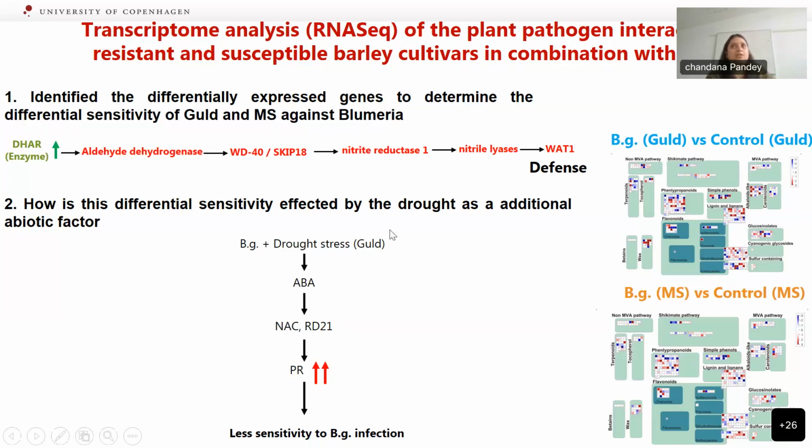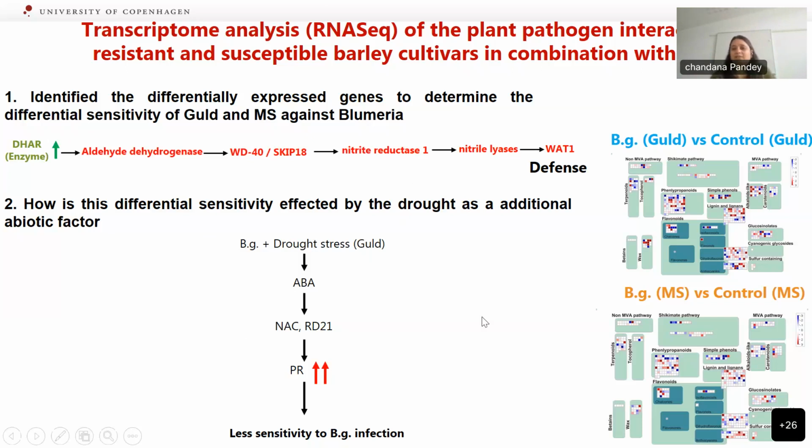We are checking it and proving it using different methods, using transgenic lines and others. Again, this is unpublished data where we are working right now to prove the hypothesis of how the enzymes work, or how they regulate the downstream pathway in the defense mechanism when it comes to the Plumeria infection, the resistance of the cultivar, or the combined effect.